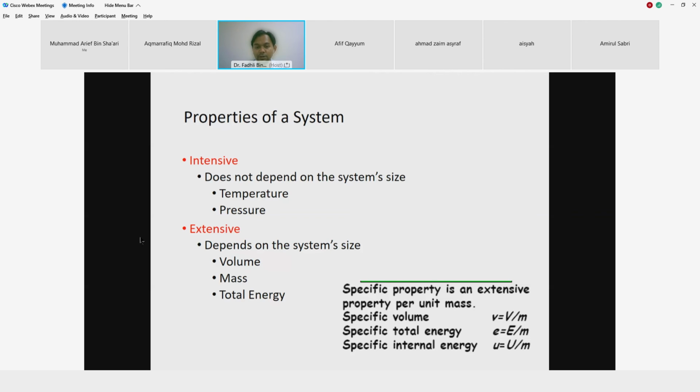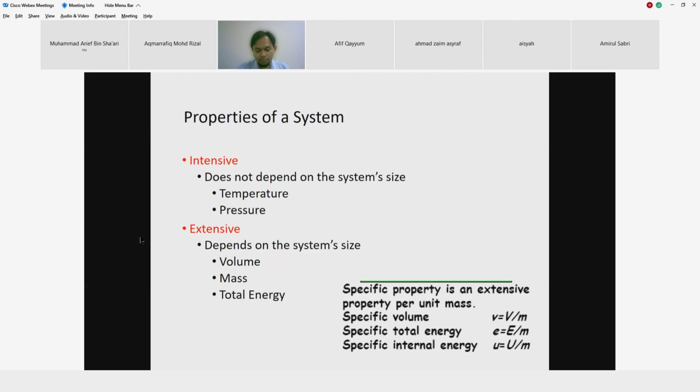Just imagine that in front of you now you have a birthday cake, round shaped cake, that's 1 kilogram, and this cake is a system.